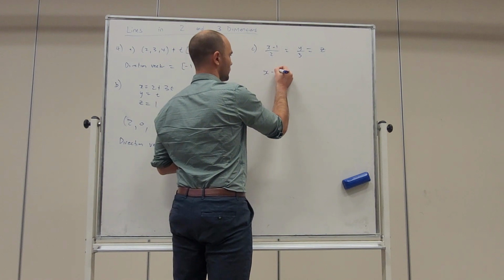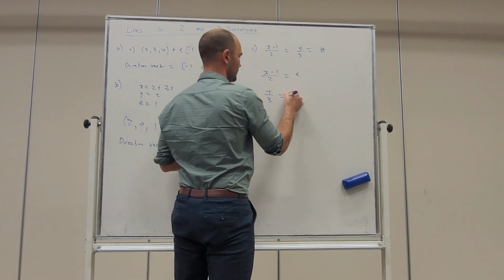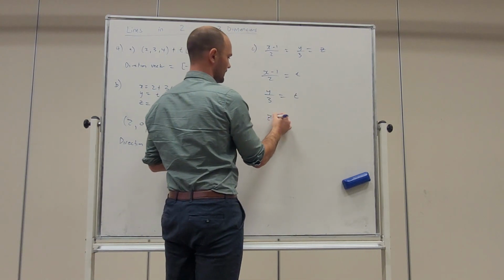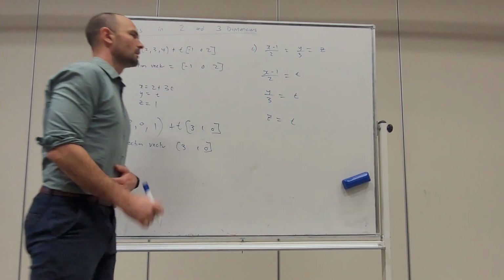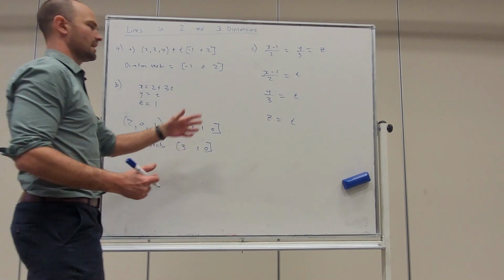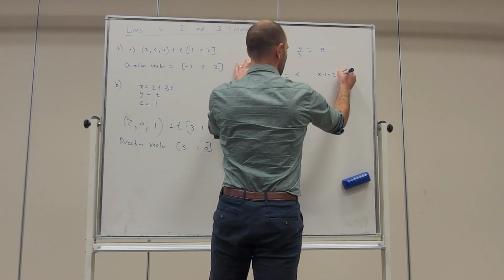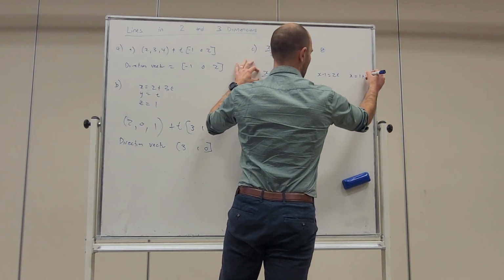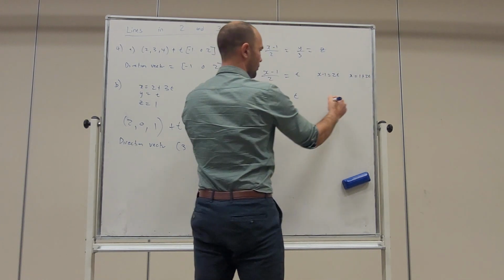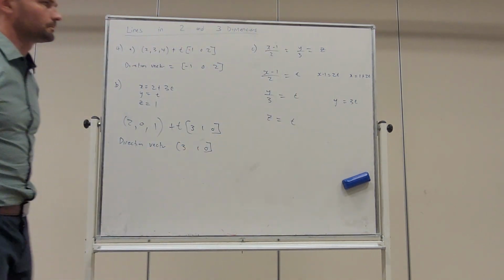So we'll go x take 1 on 2 equals t, y on 3 equals t, and we have z equals t. Okay, solve through for x and y and z. Here we'll have x take 1 equals 2t, and we'll have x equals 1 plus 2t. Here we'll have y equals 3t, and we've got z equals t.